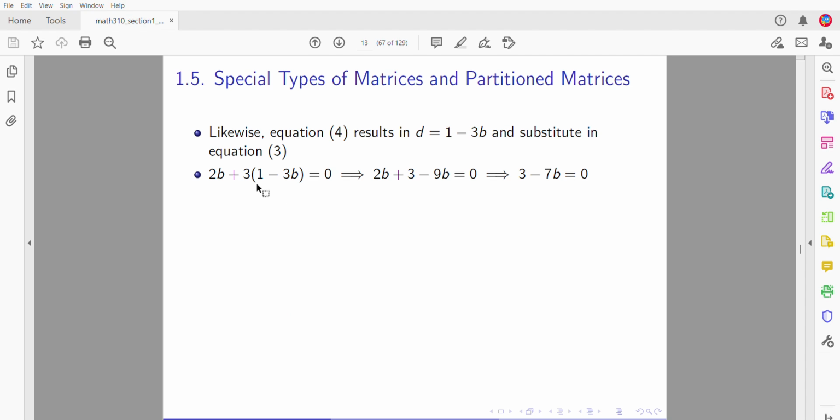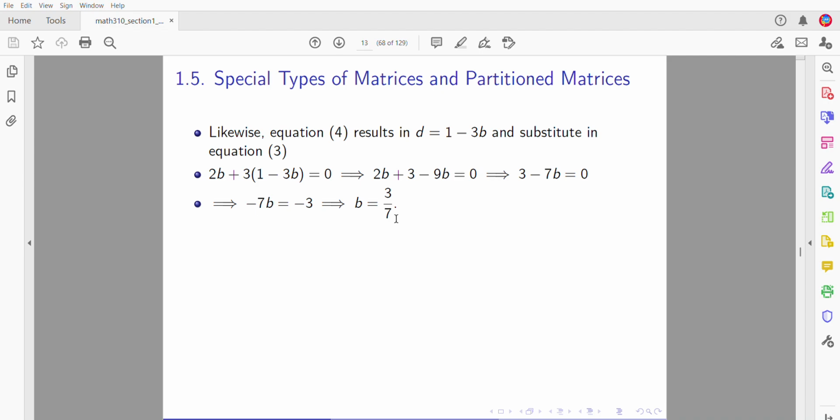What does this tell us? 2b plus 3 minus 9b is 0. 2b minus 9b is negative 7b. So 3 minus 7b is 0. Move the 3 over. Negative 7b is negative 3. b is 3 over 7.